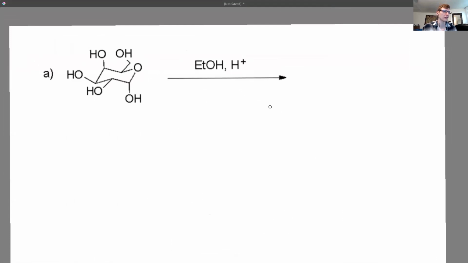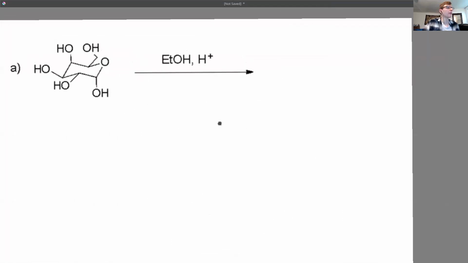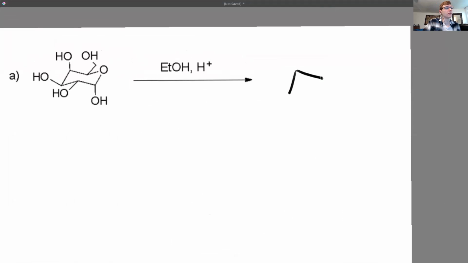Okay. So what's going on? So this will just be like esterification of that alcohol, the acetyl carbon alcohol. Yeah, that one. This one right here. Have ethanol on it, or have an ethyl group.